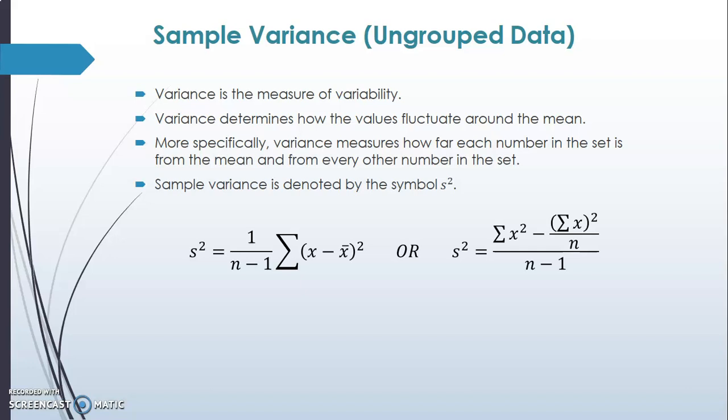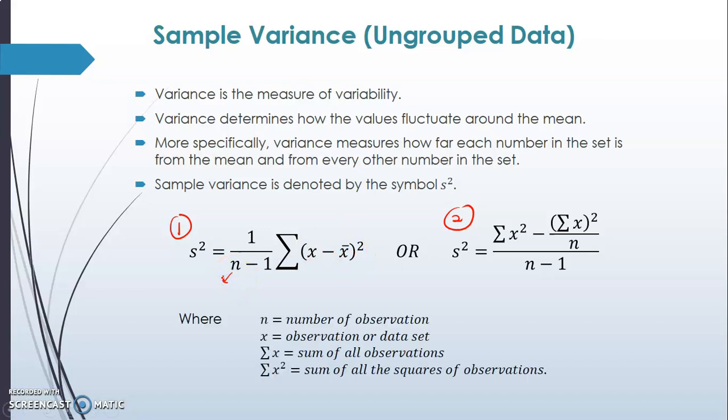Okay. For ungrouped data, the formula to calculate the sample variance is given by these two formulas, formula number 1 and formula number 2. For the first formula, the formula is 1 over n minus 1 multiplied with the total of (x minus x bar) square. So n here represents the number of observations, bilangan data.